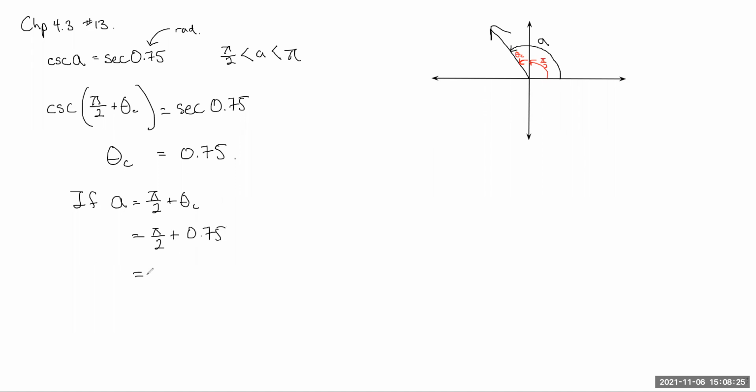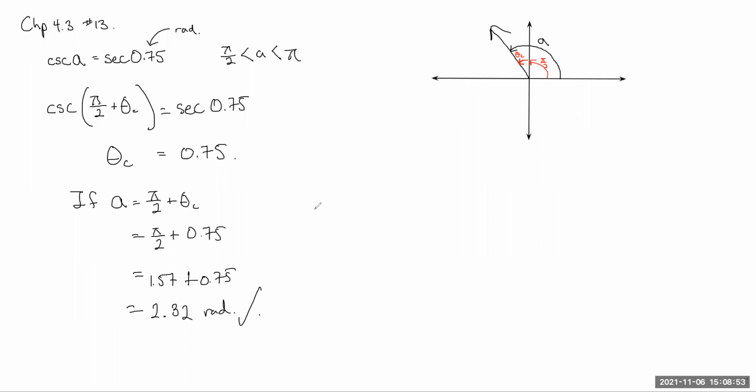If I plug that into my calculator, what's half of pi? 1.570796, blah, blah, blah. But I think the question asks for 2 decimal places, so I'm going to leave it at that. Plus 0.75. The answer is 2.32 radians. And that's the end of the question. I believe the textbook says that too.